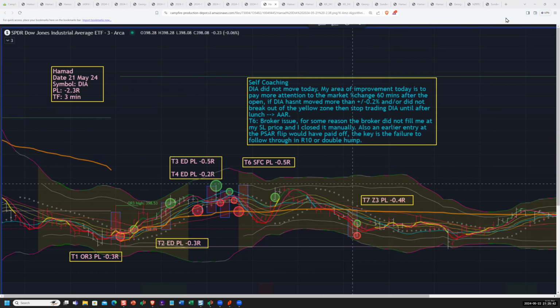I had real trouble with that one as well. Not much more you could do on today. I don't really have any heartburn with any of those. If you want to really be technical, maybe on this you might get in a little earlier, but that doesn't change much. Yeah, it just did not move today.